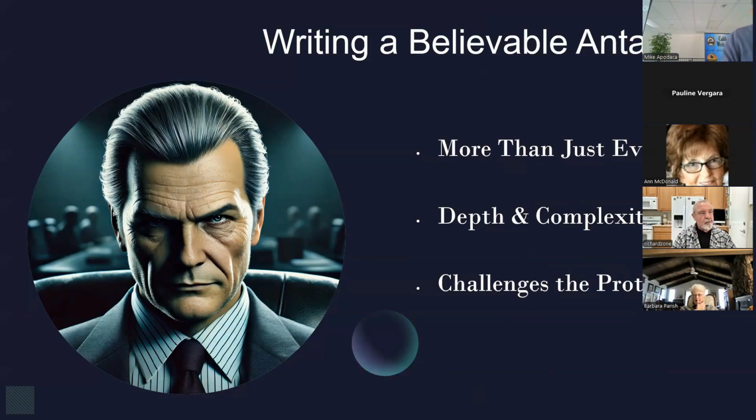And they need strengths and weaknesses just as much as any other character. You might have this guy that's totally ruthless. He has no qualms about going in and destroying a whole room full of people. But yet he's got a soft spot for a sibling. You can use those kinds of things to give your antagonist a little bit more depth and complexity.